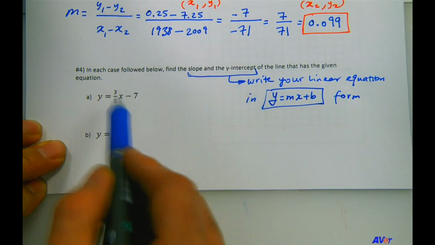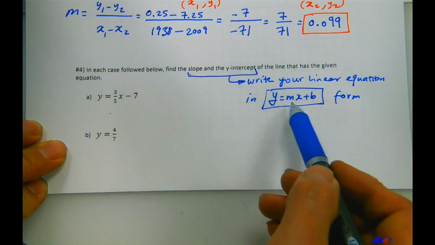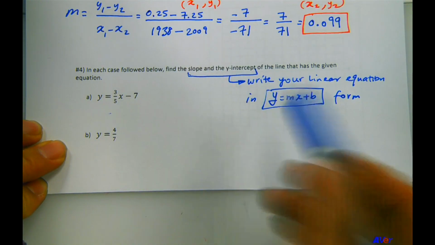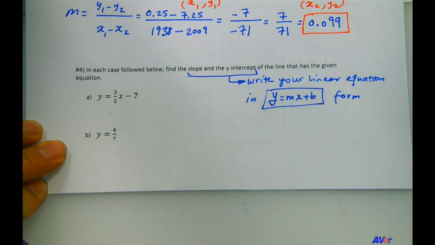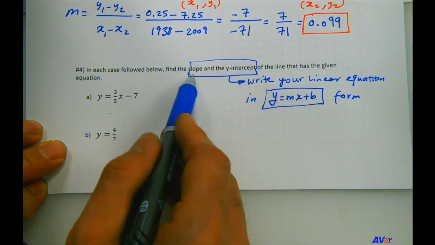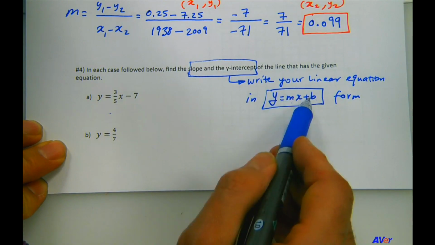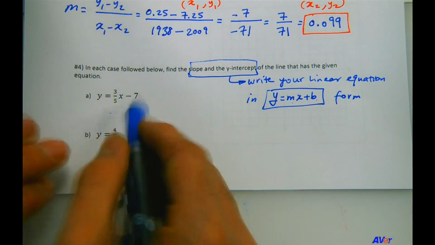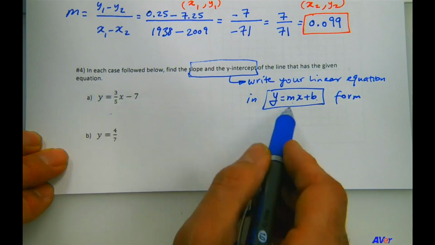But if it's not written in this form, then you want to put it in that form, because having the equation written in this form, you readily know what the slope is and what the y-intercept is. Okay, so that statement is a clue to you to use this form. Slope-intercept form. Okay, so we already know that this equation is in that form.